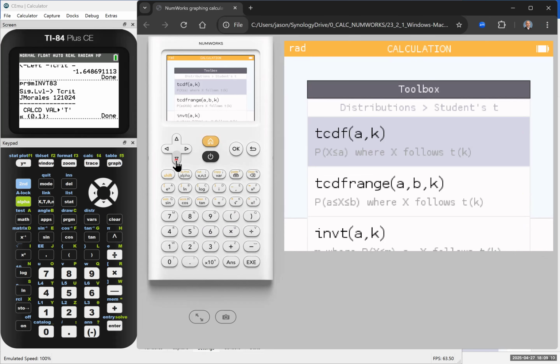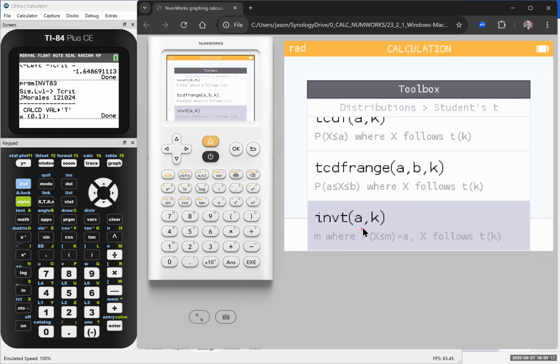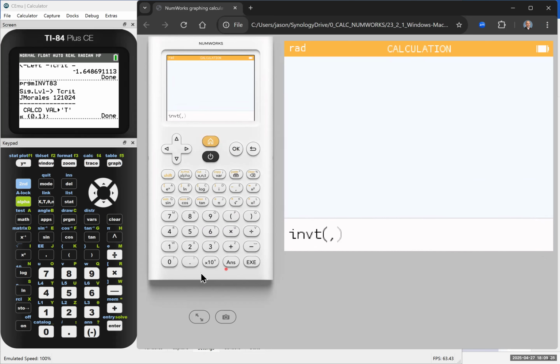All right, and now we want to use inverse t. This looks very much like the Texas Instruments calculator now. So we're going to put our significance level and then a comma and then 398. Let me click OK. So our significance level, comma, 398, right parenthesis.